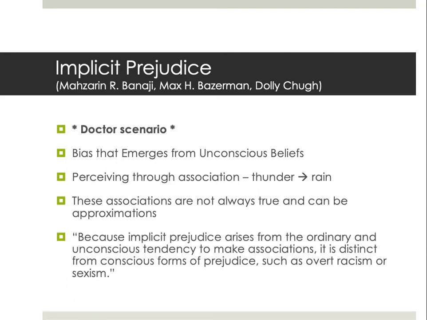Because implicit prejudice arises from the ordinary and unconscious tendency to make associations, it is distinct from conscious forms of prejudice, such as overt racism or sexism, right? So clearly, the devil we can see in white supremacy or very sexist behavior. These are easy to see, easy to look at and to condemn as wrong, right?